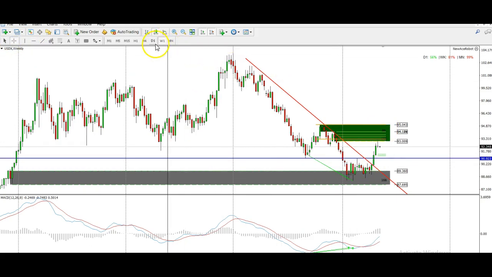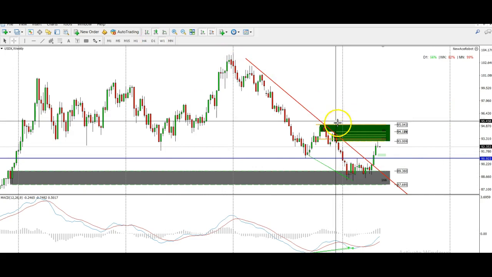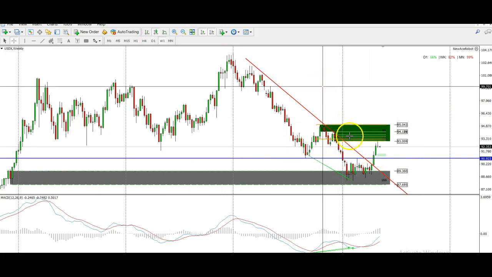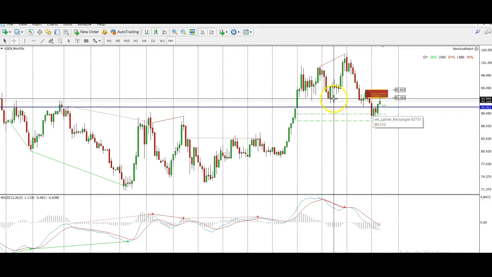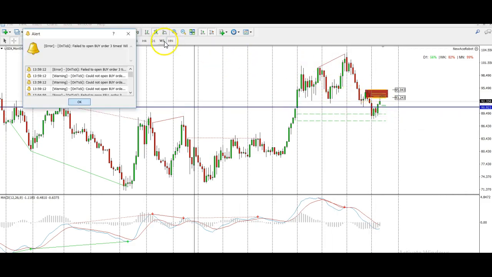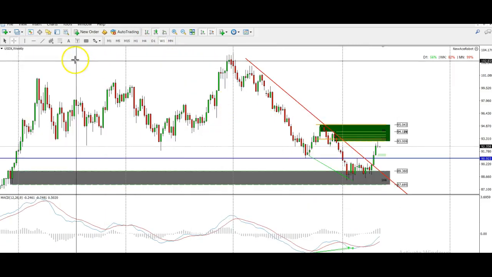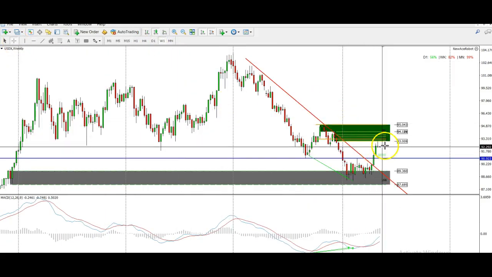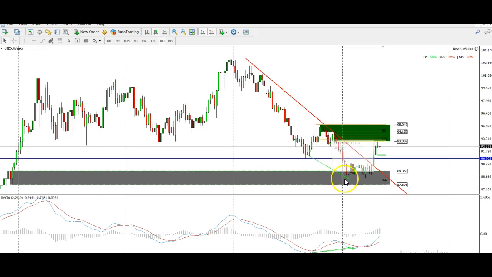Let's zoom into the daily. The pressure on the weekly is to the downside, and the monthly also. For it to start showing us that we're going back up bullish, it really has to take out these swing highs here, which it doesn't. So the swing low is holding at the minute.